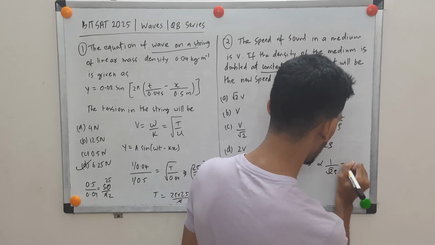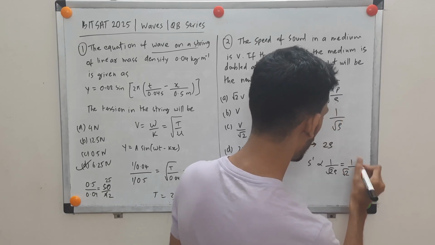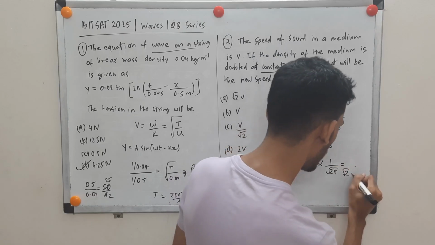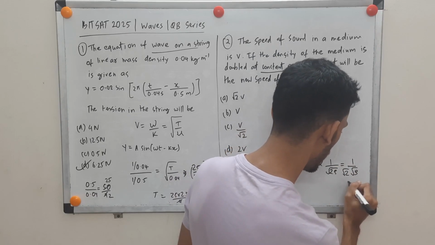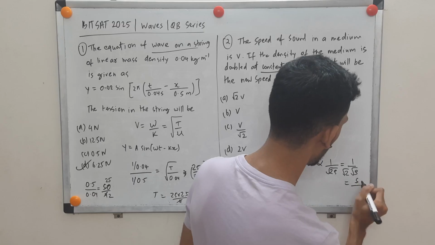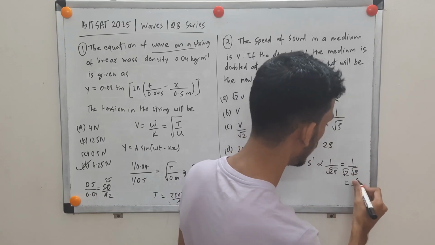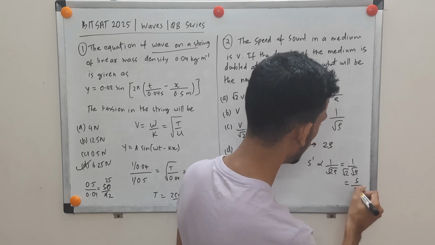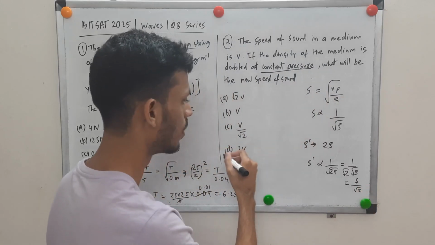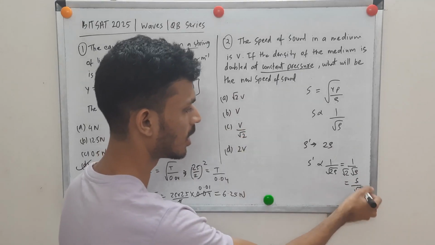So which is 1 by root 2 of your, now this you can write it this way, okay, and this is nothing but s, right? This part is s since it's proportional. When you take the ratio anyways it will get cancelled, so you'll have a root 2 factor. Okay, so here they have used v, so the original speed by root 2.